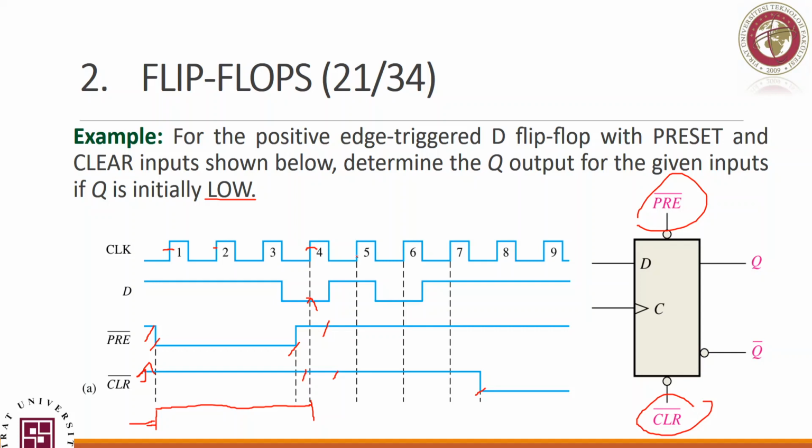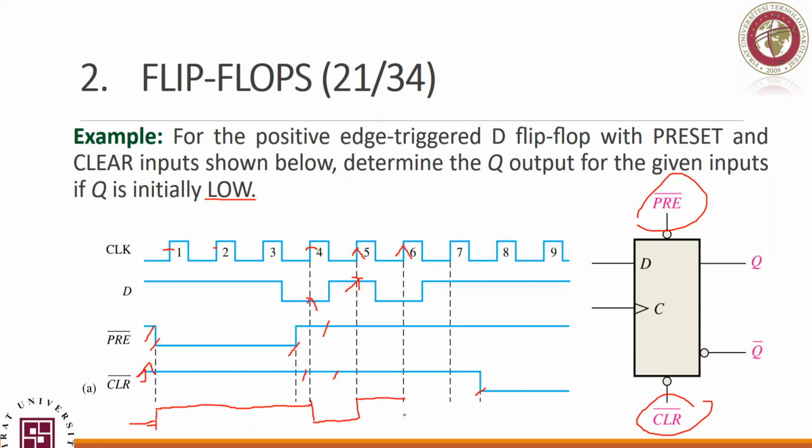Alright, this is the next rising edge. Now look, D is high, so it will carry on low until the next rising edge, where it will go high based on D. It stays high until the next rising edge, because we don't have anything to change it here.